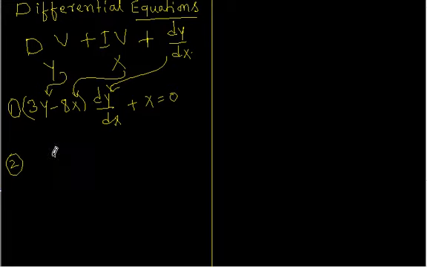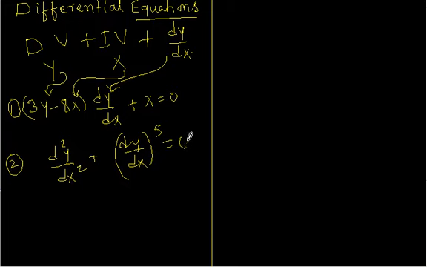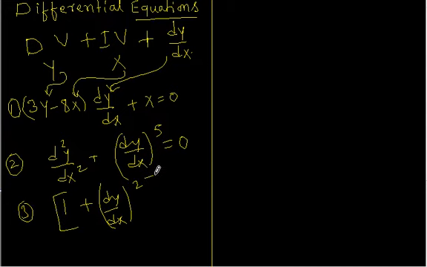It's d square y over dx square plus dy over dx whole power 5 is equal to 0, and 1 plus dy over dx power 2 whole power 3 over 2 is equal to d square y over dx square.